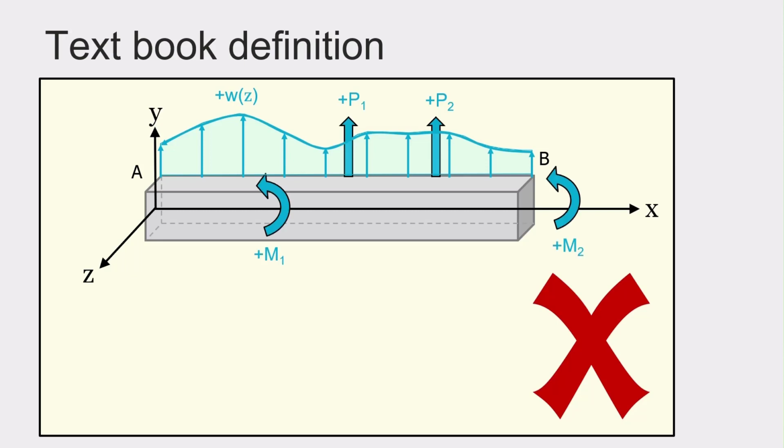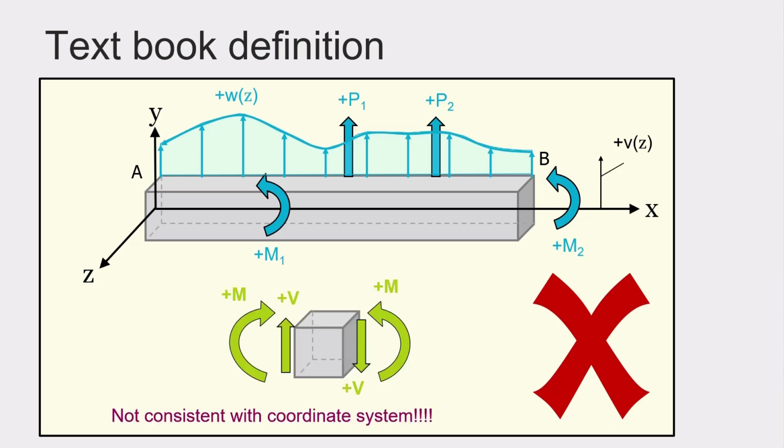And the moments are positive when they are counterclockwise around the positive z-axis, which is still pointing out of the screen. In terms of deformation, it is now positive when it is upwards. So this is the other way around of what we had, because the y-axis is pointing upwards rather than downwards. So far, everything is still consistent.